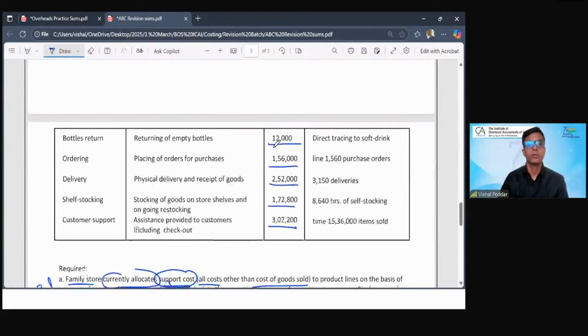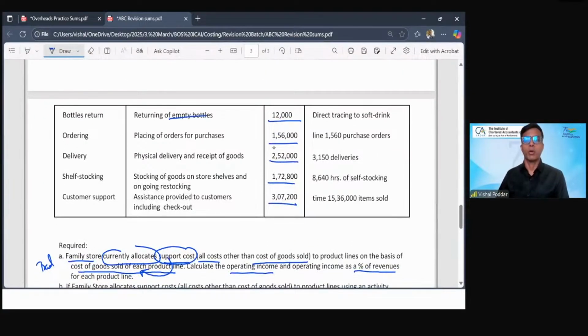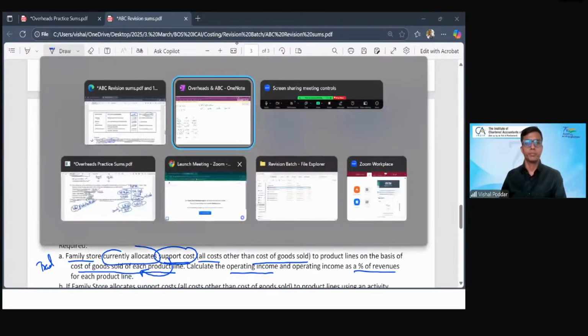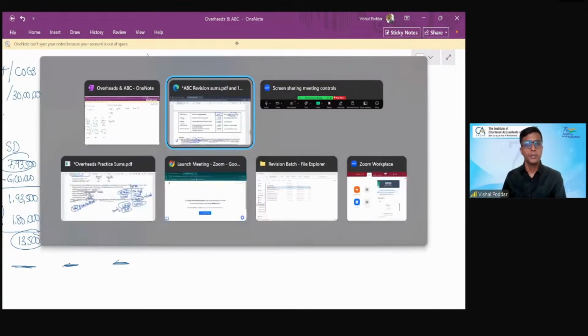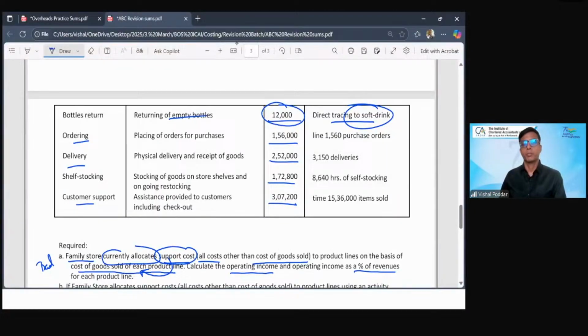They have given you the description of activity, return of empty bottles. No base is given because it is a cost which has to be directly allocated to bottle return, because it is only related to bottle return. So this will go there. Other costs, I'll have to find out the driver rates. So ordering, delivery, shelf stocking, and the last one is customer support.